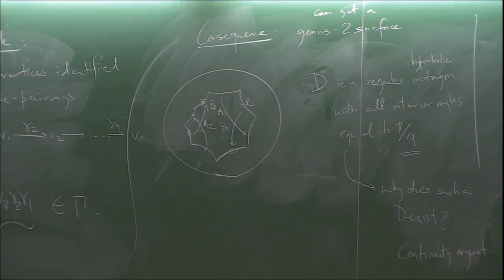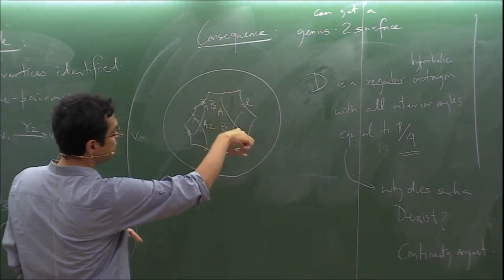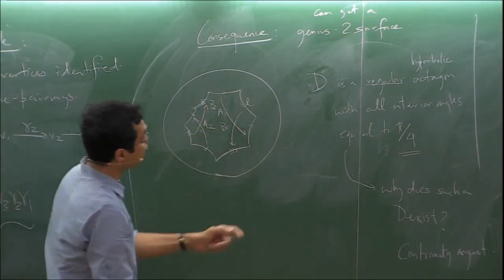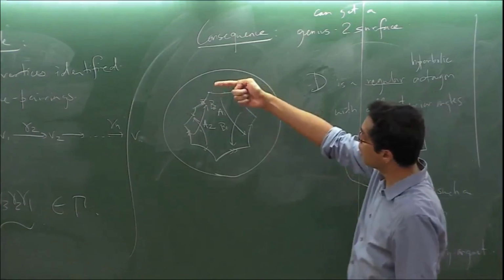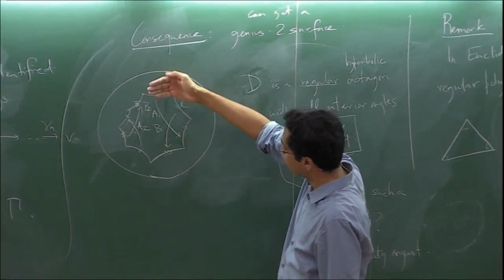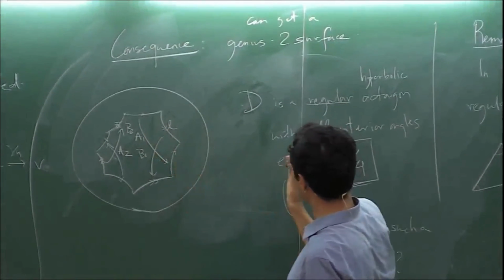And now you need to check the vertex cycle condition. There are no ideal vertices, so the only thing is this angle. If you pick a vertex and follow these side pairings, you'll get a vertex cycle. Because all the interior angles are pi by 4, every time you pair, it's a hyperbolic translation, but you're rotating by an angle of pi by 4.